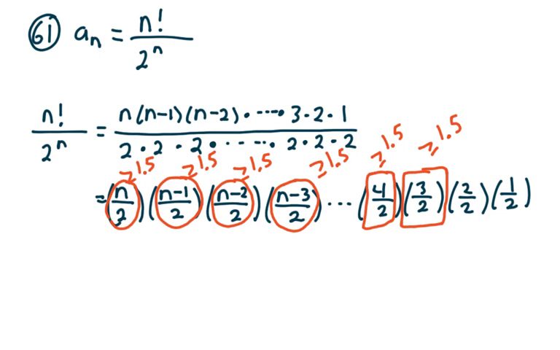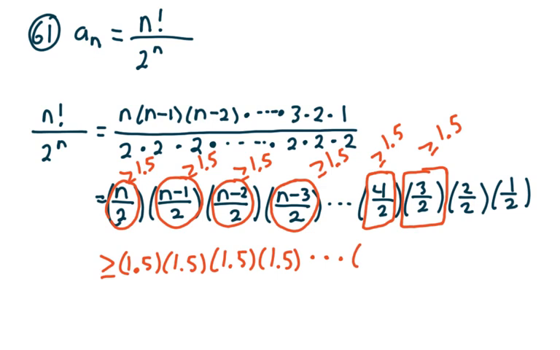Now, why did I want that? Because I claim this is bigger than or equal to 1.5 times 1.5 times 1.5 times 1.5, and I'm going to go dot, dot, dot, times 1.5, right? Times 1.5. Now, 2 over 2 is the same as 1, right? Times a half.